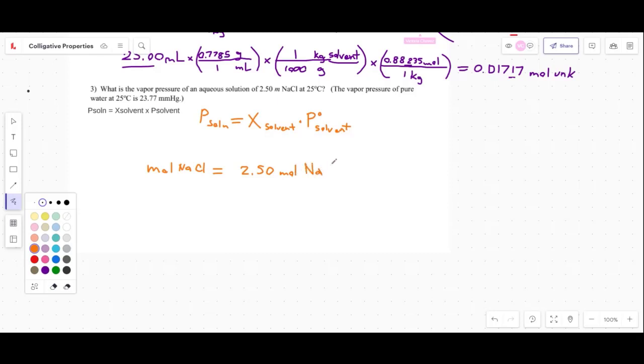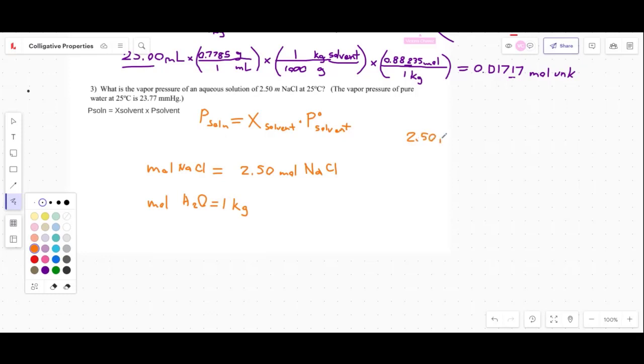And then in the next line, we're going to do moles of H2O using dimensional analysis. So in the next line, if you could please write moles of H2O is equal to, we're just going to assume 1 kilogram because molality is per kilo. Yeah.